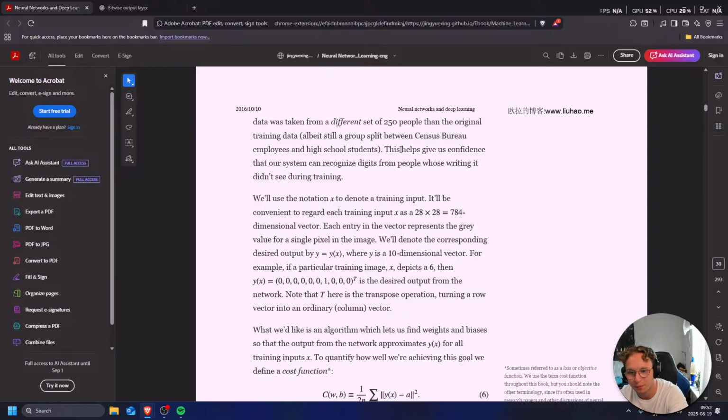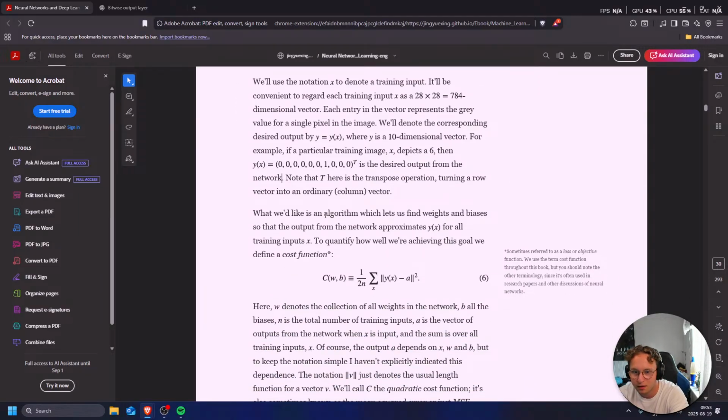For example, if a particular training image x depicts a 6, then we have a 1 at this position in the vector, and this is the desired output from the network. Note that T here is the transpose operation, turning a row vector into an ordinary column vector. So you basically rotate this vector here by 90 degrees.